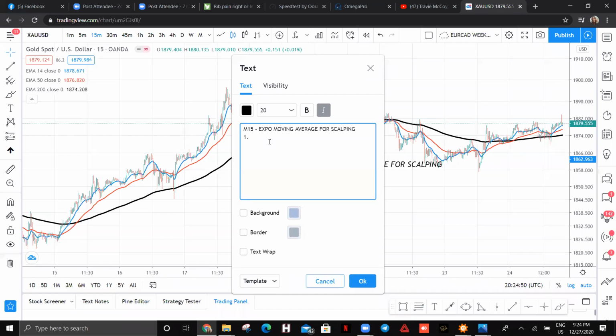So for your entry point, you wait to see the cross. The 14 EMA has to cross and close above the 50 EMA before you can take your buy.